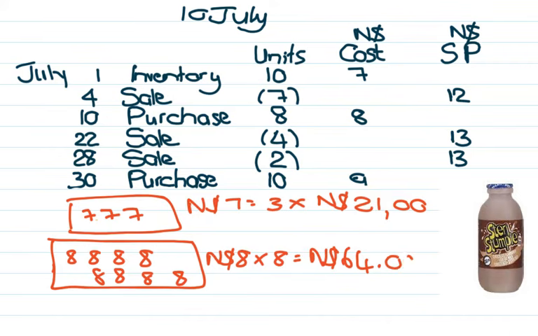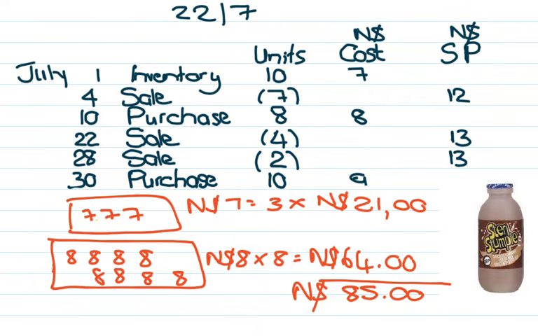So my total stock is now 21 plus 64, so it's $85. This is then now my total stock. How did I get the 85? It was my 3 units that I had left, and then the new ones that I bought.